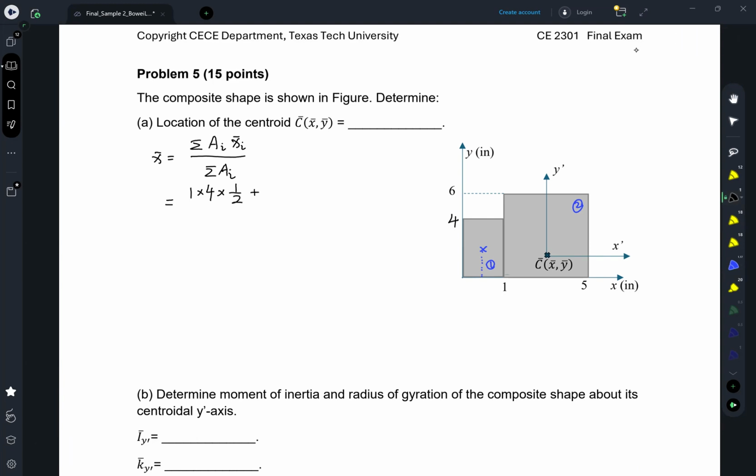Okay, then the second area: the width is 4, 5 minus 1, right? The height is 6, right? Times the coordinate of the centroid of the second part, right? The centroid of the second part is at the very middle of the rectangle here.